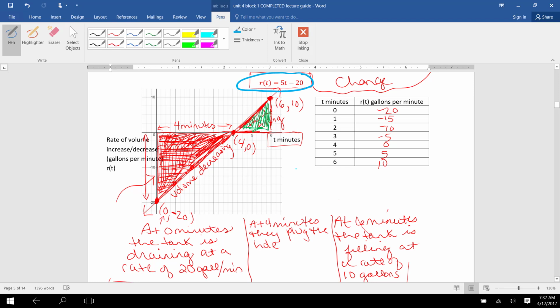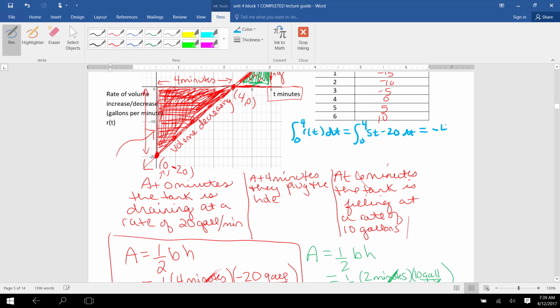So what we calculated there was the definite integral from 0 to 4 of r of t dt. Since we know the equation is r of t equals 5t minus 20, we can write that as the integral from 0 to 4 of 5t minus 20 dt. And we get a value of negative 40. The tank drained 40 gallons during the first 4 minutes.